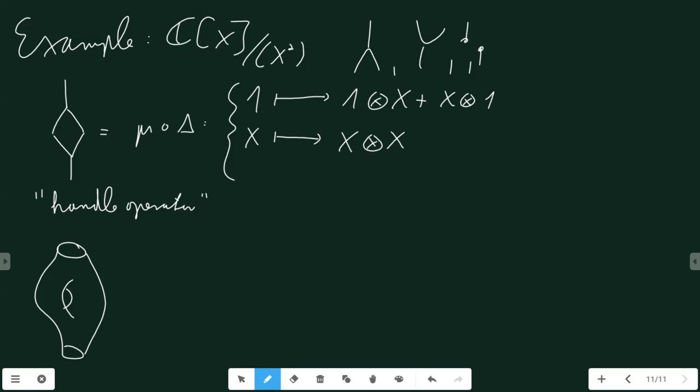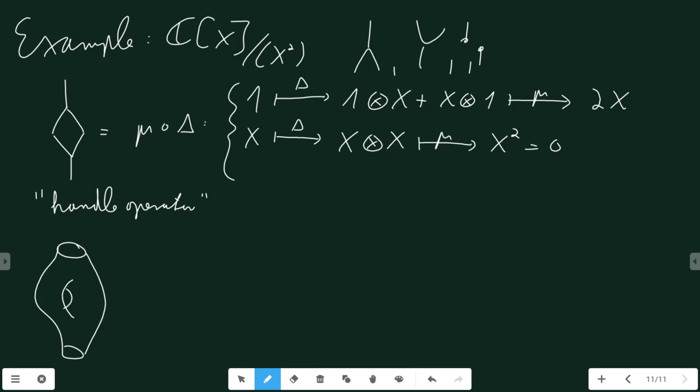And you send it a bit further. So this was delta, and that was mu. You just multiply them, but x squared is 0. You just multiply them. So we get 2x. Okay, so far so good. Let me do this one then. So the handle operator is this operator.